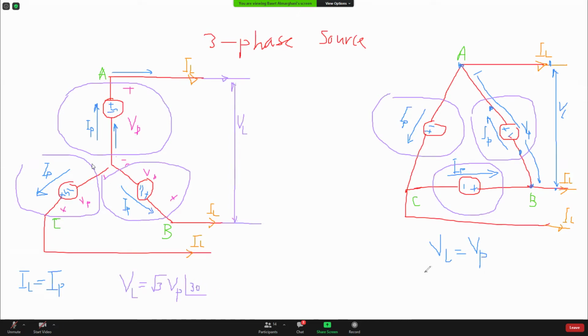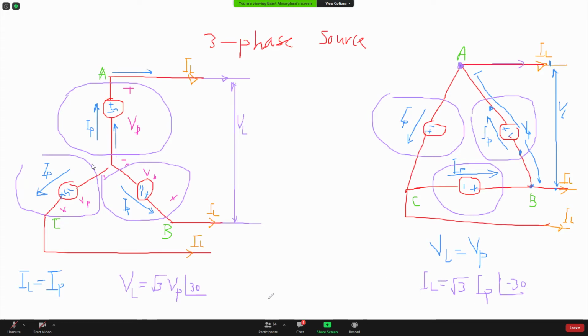Here, I line is not going to be the same as the phase current, because there is a node here, there is an intersection. So it's going to be square root of 3 times I phase, and the angle is the opposite, so you're going to put minus 30 degrees here. Those are the two important relationships for the Y connection and for the delta connection.